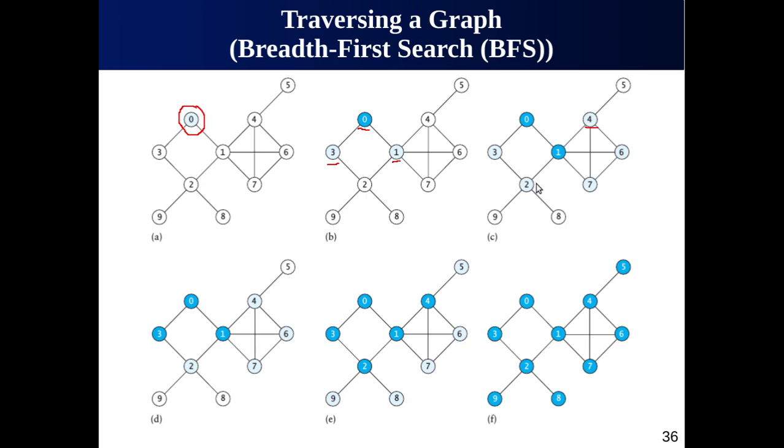We color them light because they are adjacent to 1, and then we color 1 dark. It means we have visited 1 as well, because we have identified all the adjacent nodes of 1. Then we have to look at 3, because it was the second adjacent node of 0.